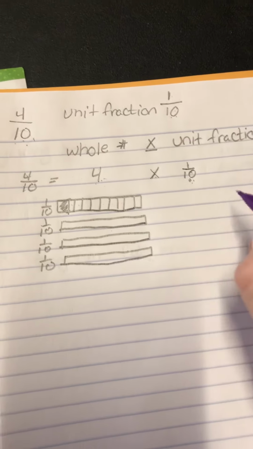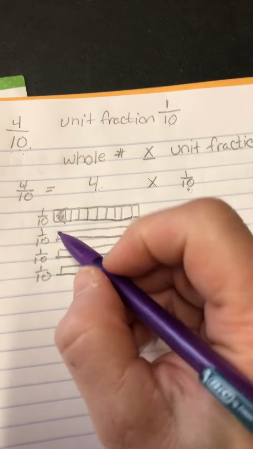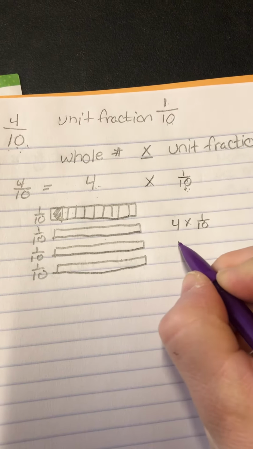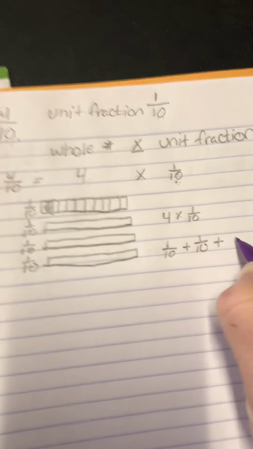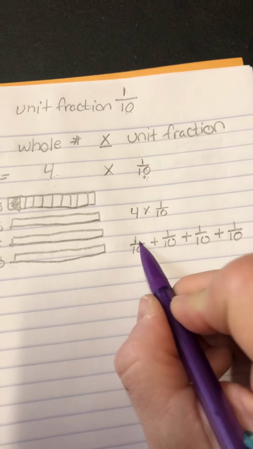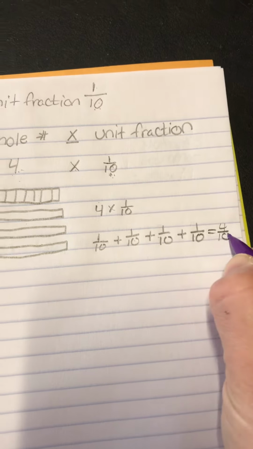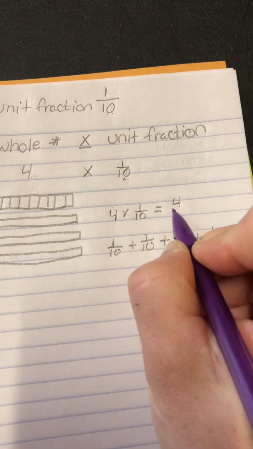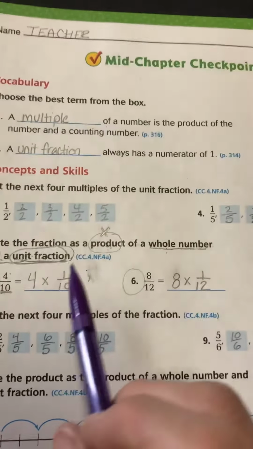It would be the same because multiplication is repeated addition. So 4 times 1/10 would be the same as 1/10 plus 1/10 plus 1/10 plus 1/10. We'd have 1, 2, 3, 4. So this equals 4/10, in the same way that 4 times 1/10 equals 4/10. So our answer would be 4 times 1/10.